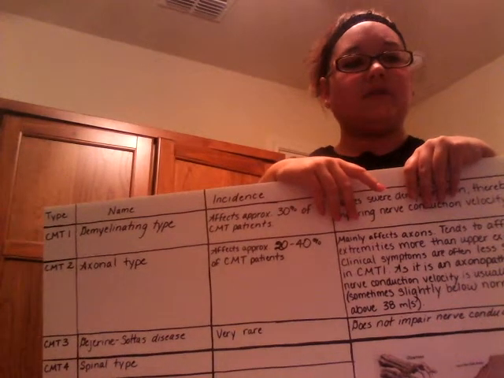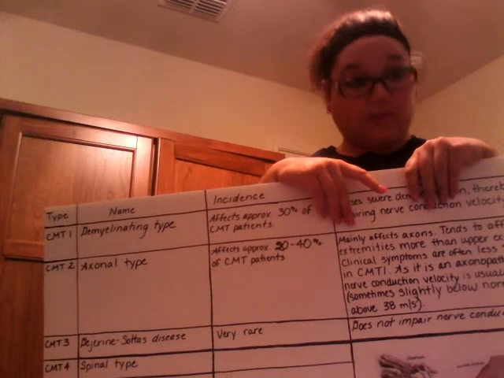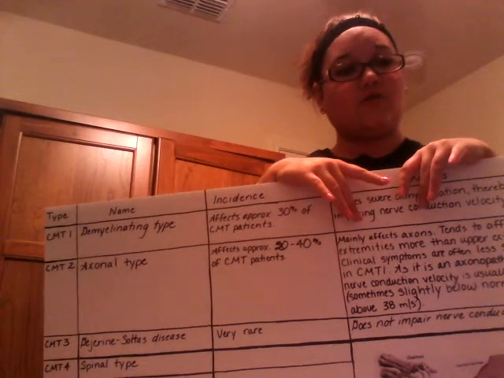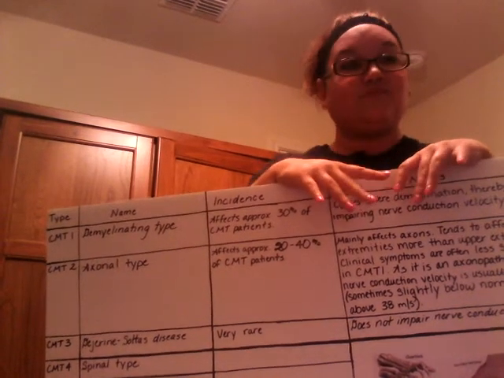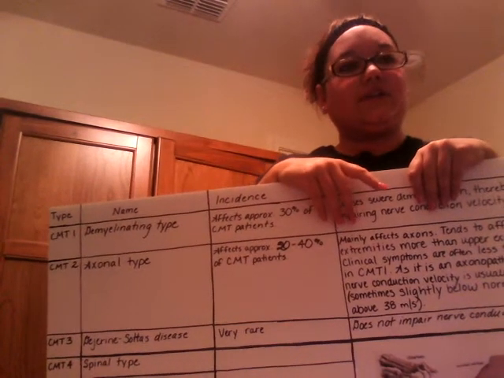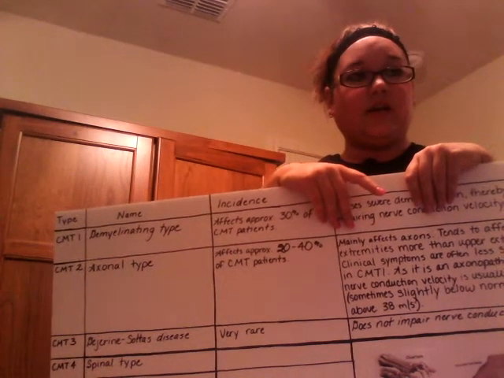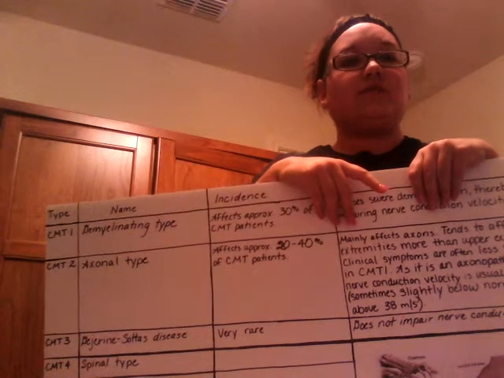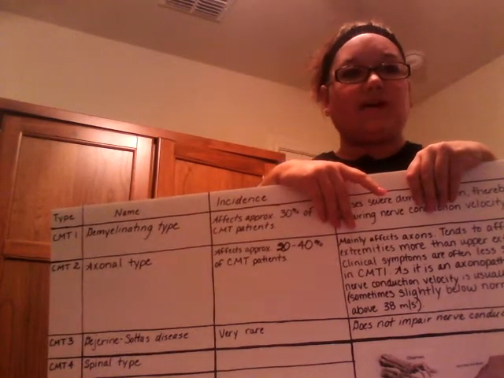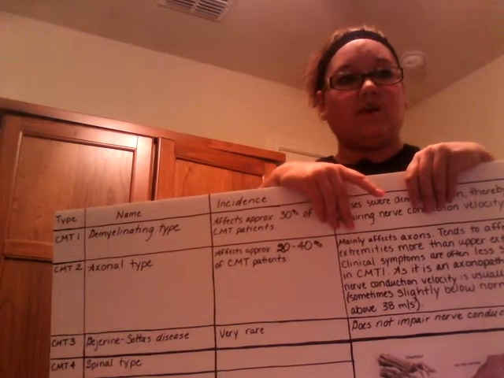CMT is divided into the primary demyelinating neuropathies. The Schwann cell, which creates the myelin sheath, wraps its plasma membrane around the axon in a spiral structure. Neurons, Schwann cells, and fibroblasts work together to create a working nerve.